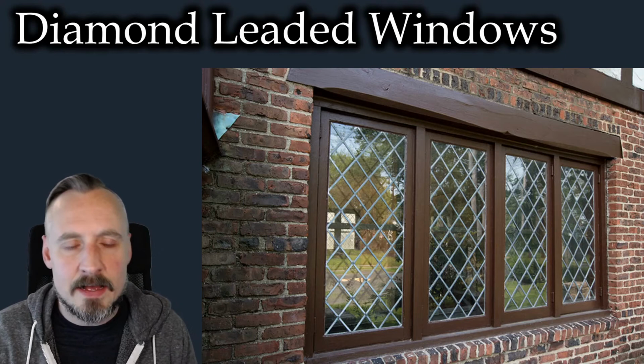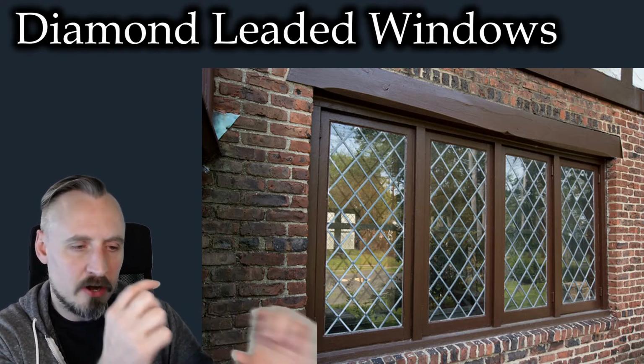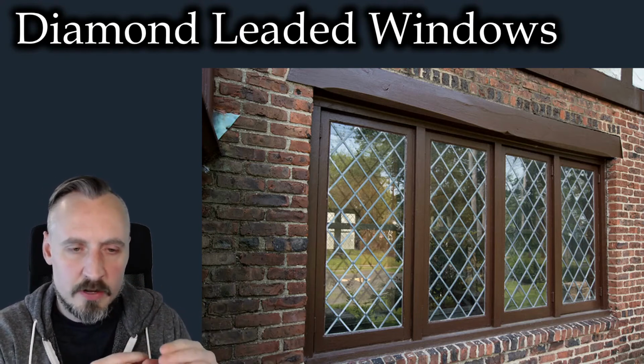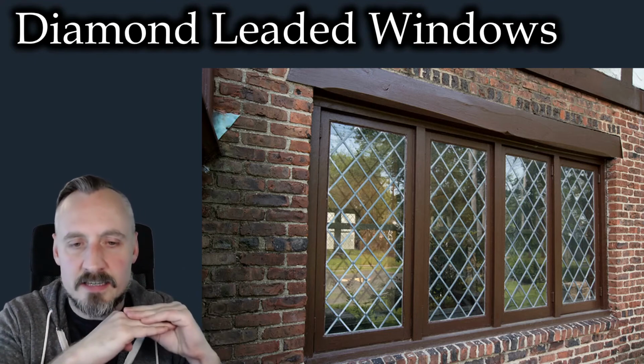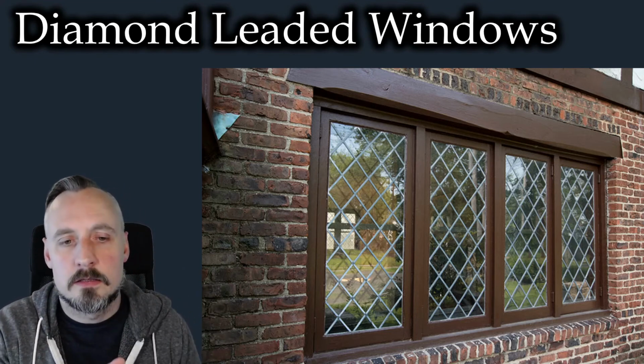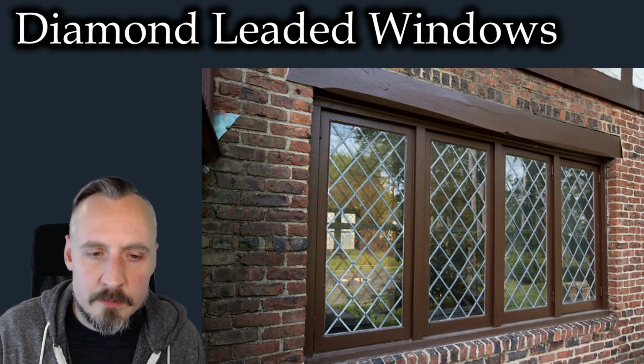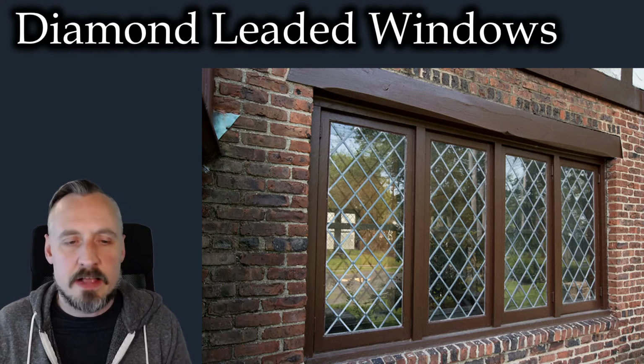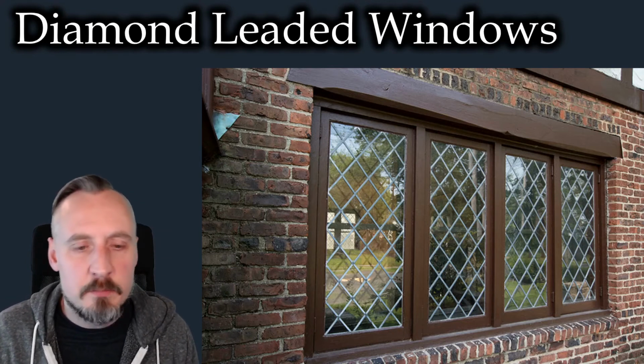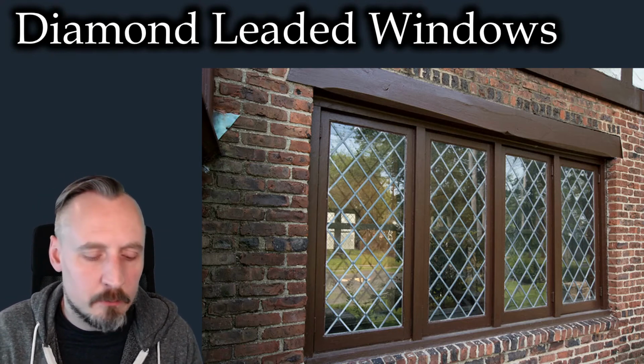And the lead, if you were to look at the strip of lead on end, would look like an H, because each pane of glass kind of slots into the lead glazing bar. And why they're diamond, I don't know. It became kind of like the black and white thing. It just became, that's the thing. But diamond pattern windows are extremely common in all of Tudor architecture, as well as a few other interesting diamond glass patterns as well. You can see some very interesting decorative half timbering here on this structure as well.